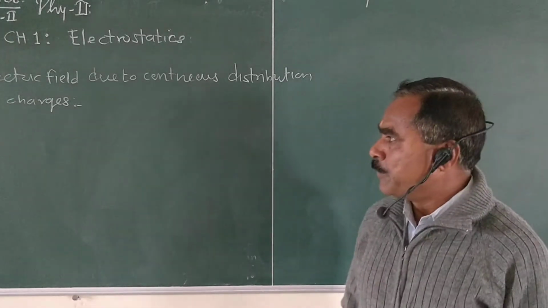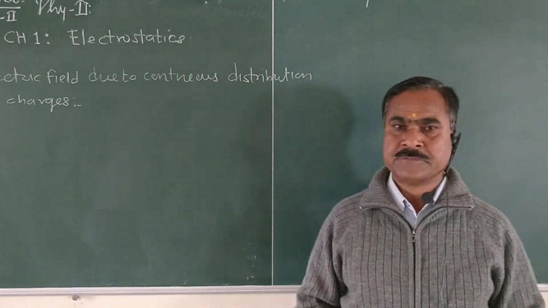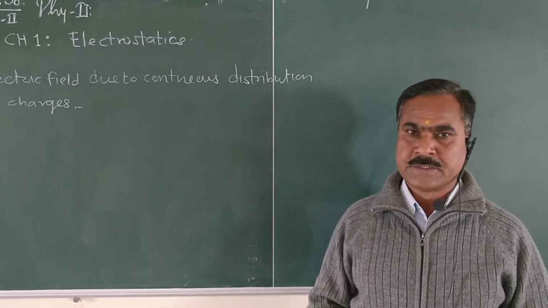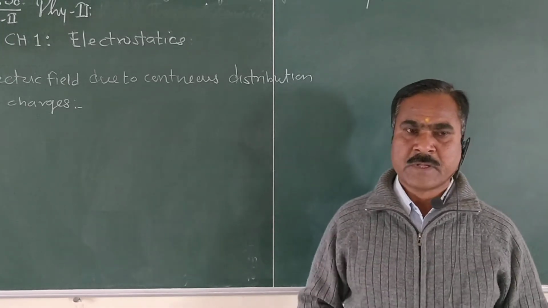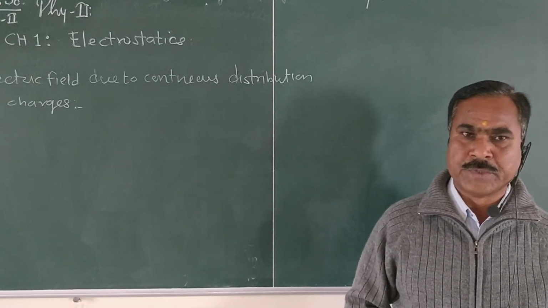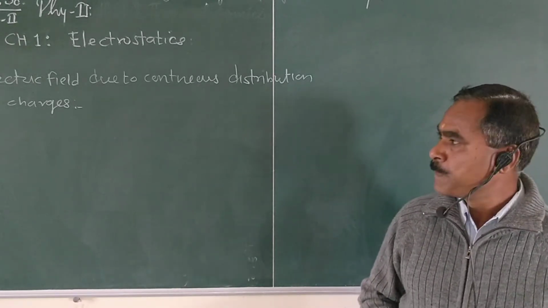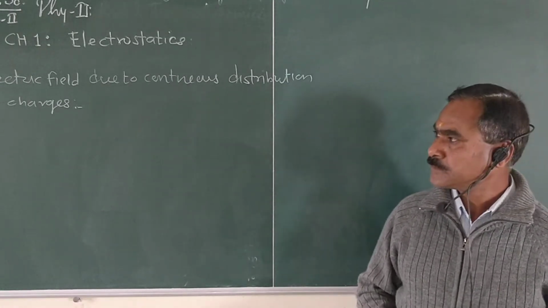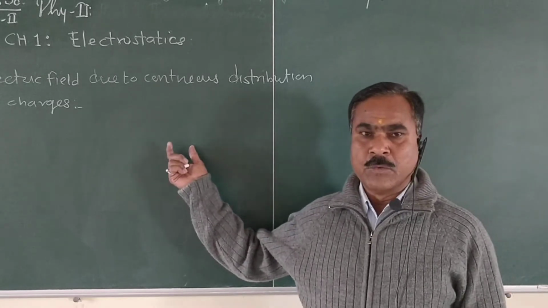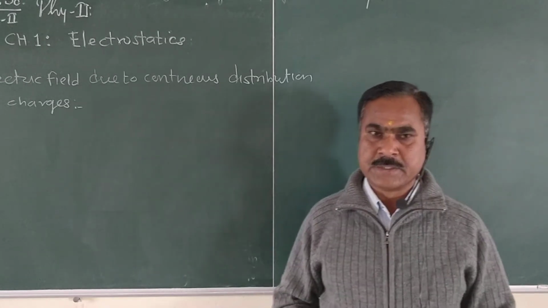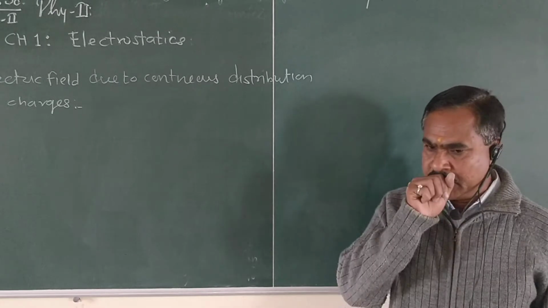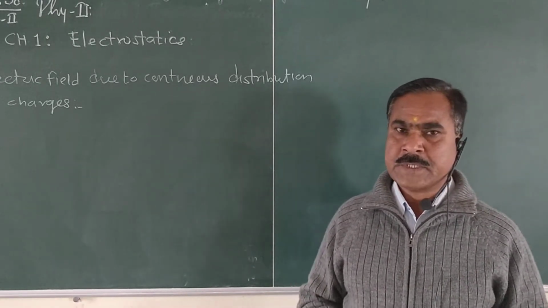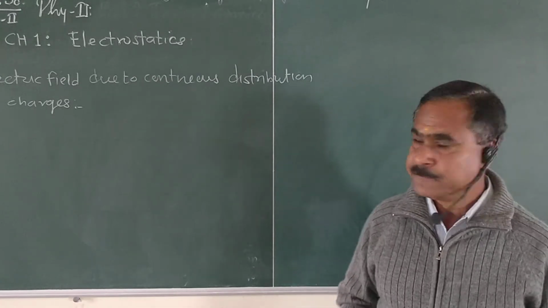So we consider this point, then we have to consider the continuous distribution of charges along a line, on the surface, and within the volume. If there are continuous distributions of charges along the line, in the volume and on the surface, then the total charge in this case is given in terms of charge densities, right?